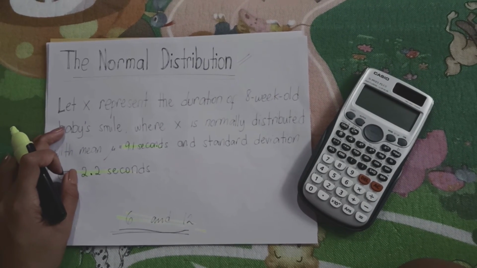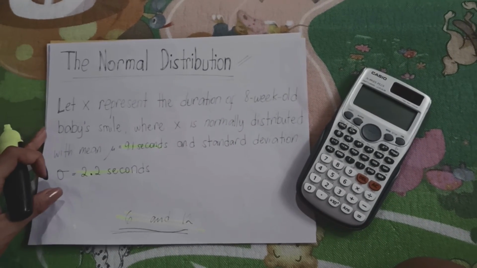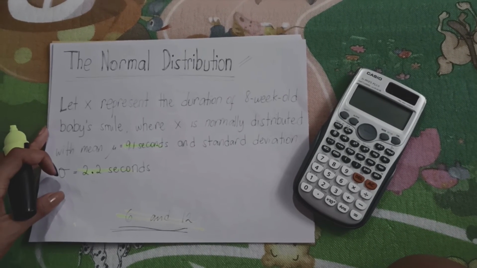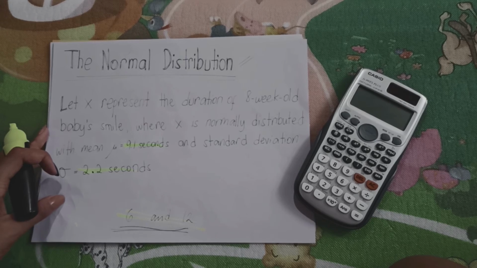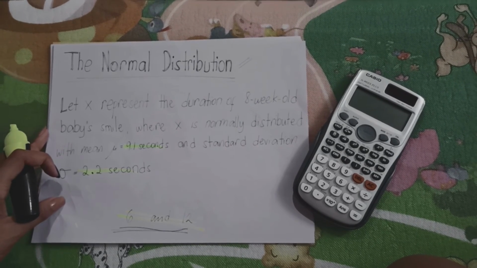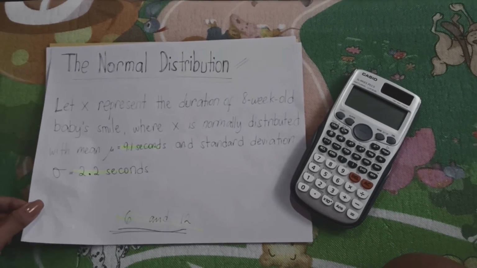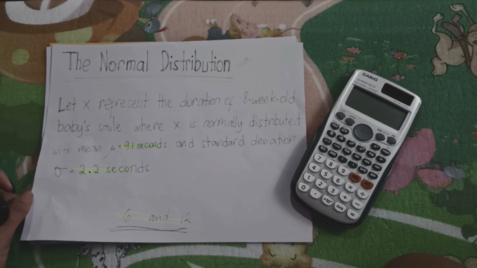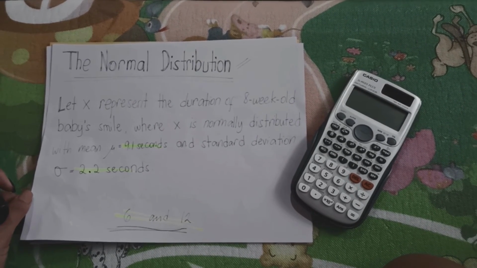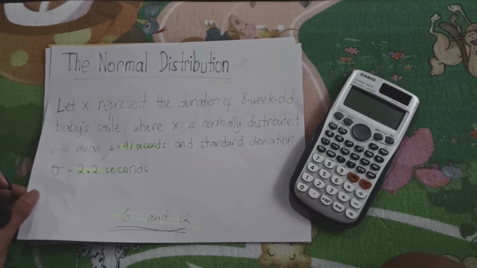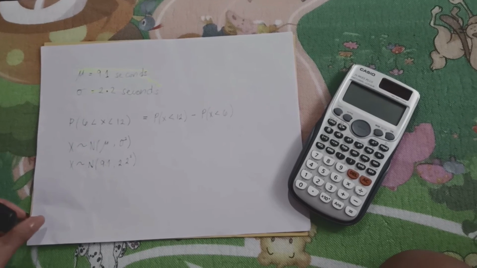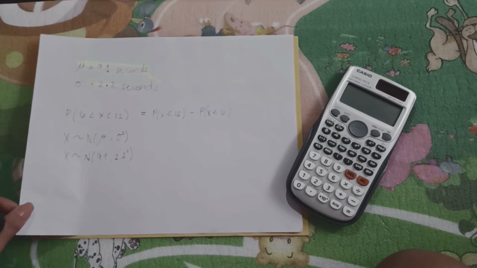So this is the normal distribution problem. Let x represent the duration of an 8-week-old baby's smile, where x is normally distributed with a mean of 9.1 seconds and standard deviation of 2.2 seconds. So we're going to find the probability that a randomly chosen 8-week-old baby smiles between 6 and 12 seconds. So the mean is 9.1 and the standard deviation is 2.2.